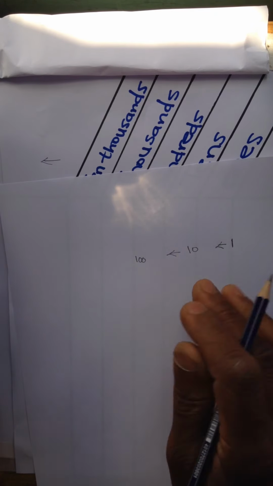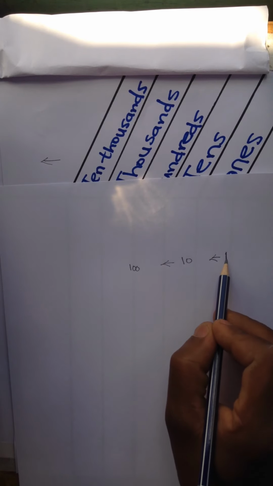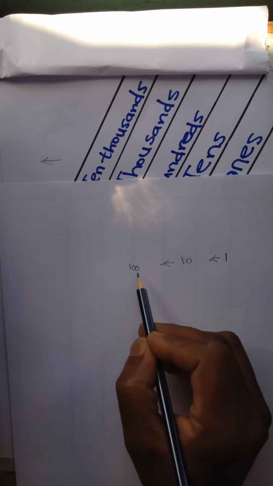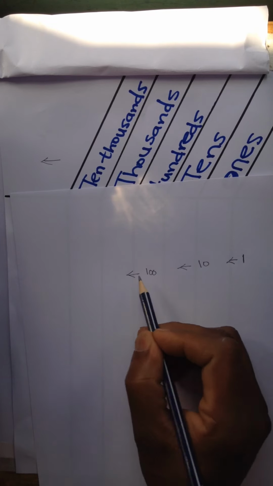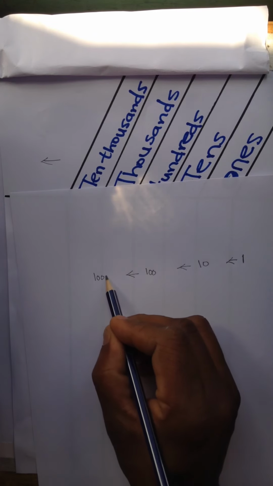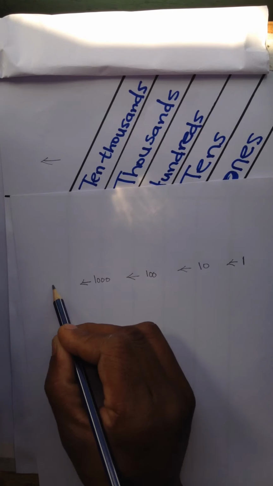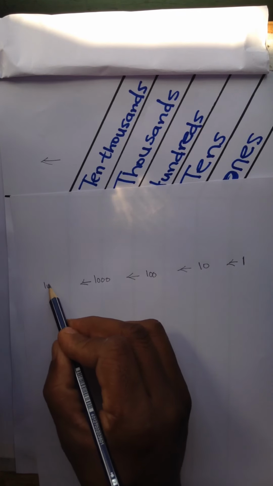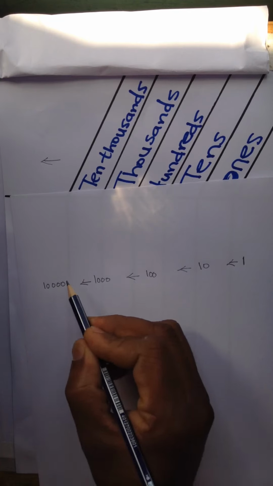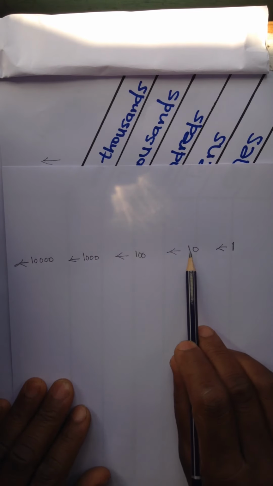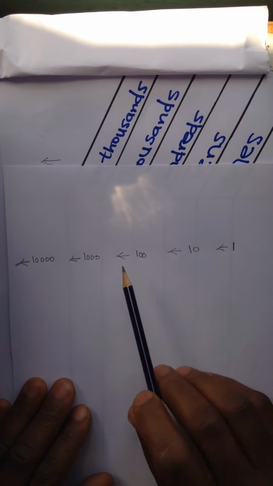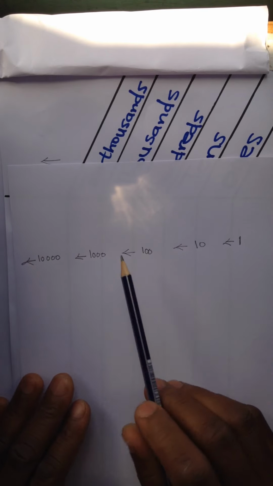Then as we proceed we go to hundreds. So here we have groups of ones, groups of tens, groups of hundreds, and as you proceed you go to groups of thousands, and then groups of 10,000s, and so on. That's basically what it means.